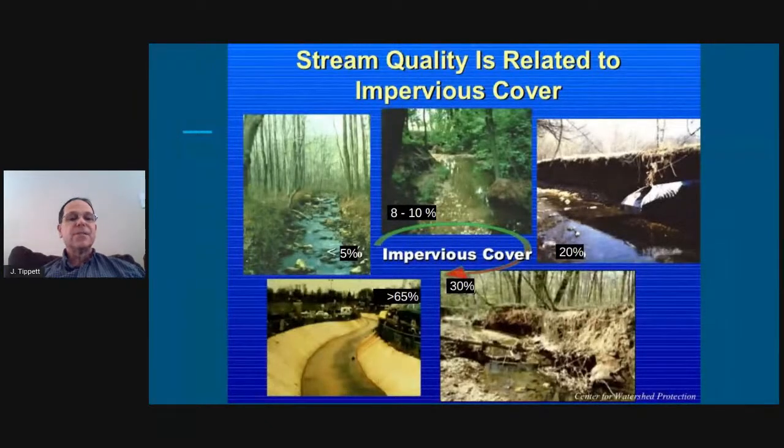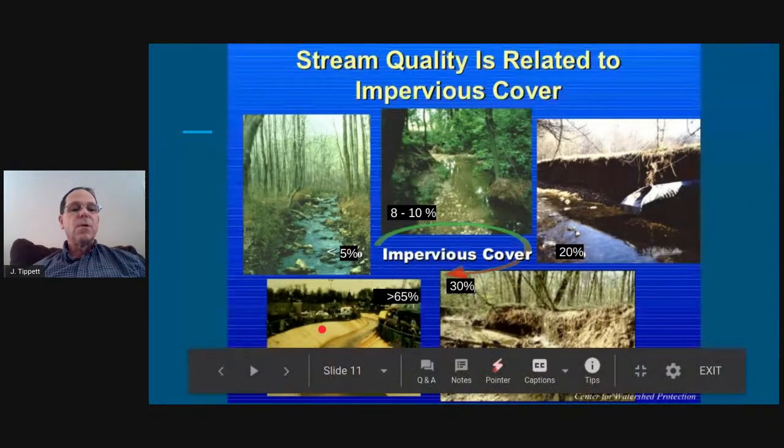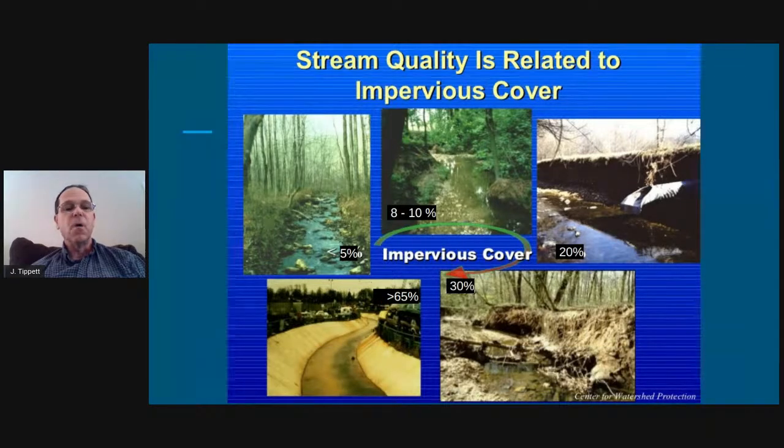All right, so take a look at this graph for a second. I want you to look at the pictures in a clockwise fashion, following the red dot from this spot all the way around to this spot. Each picture is an increase in impervious cover in a watershed.